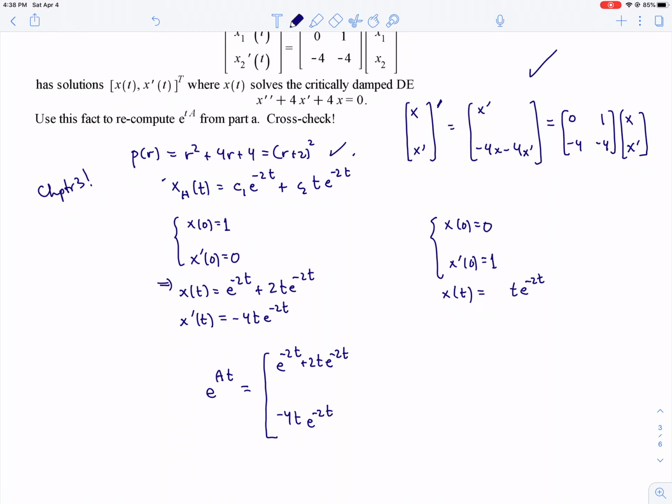So x of 0 is 0, so my constant in front is just going to be 1. And x prime of 0 will be 1, so x prime of t, I'll just take the derivative, will be e to the minus 2t minus 2t e to the minus 2t. And that will be the second column of e to the tA.